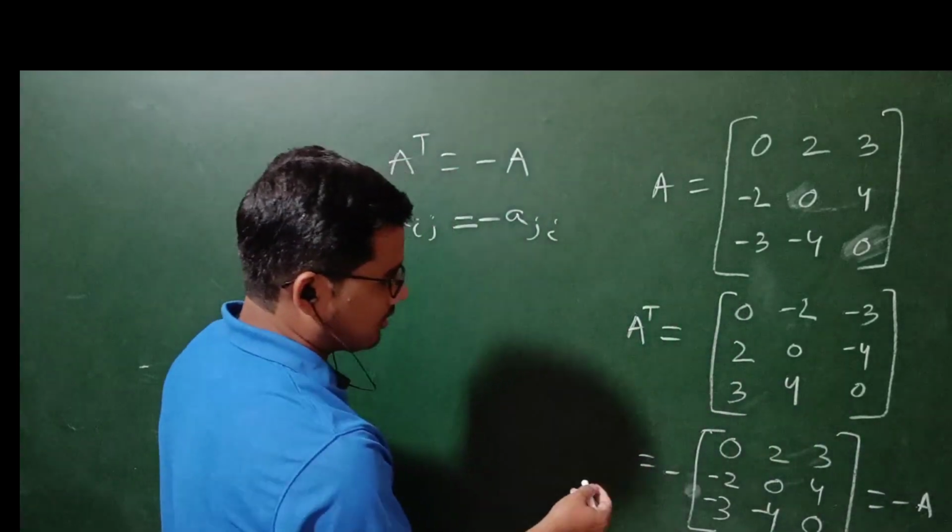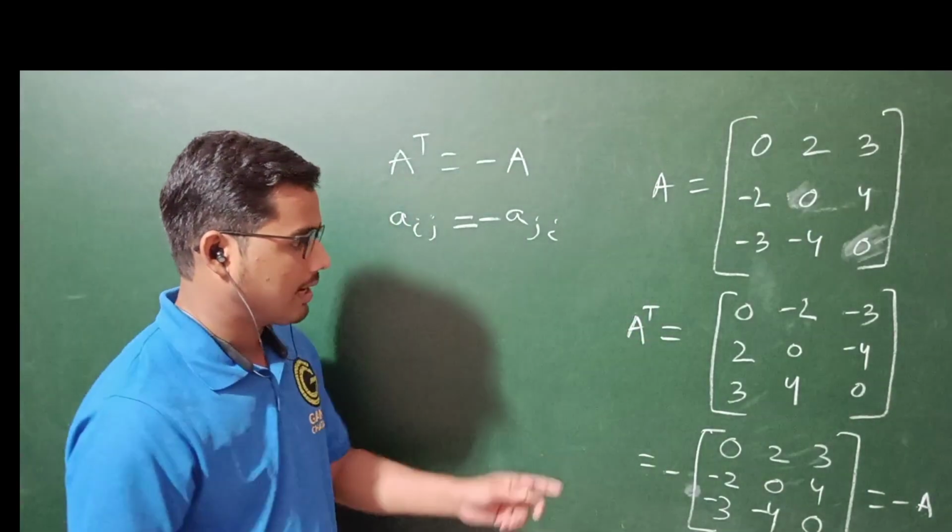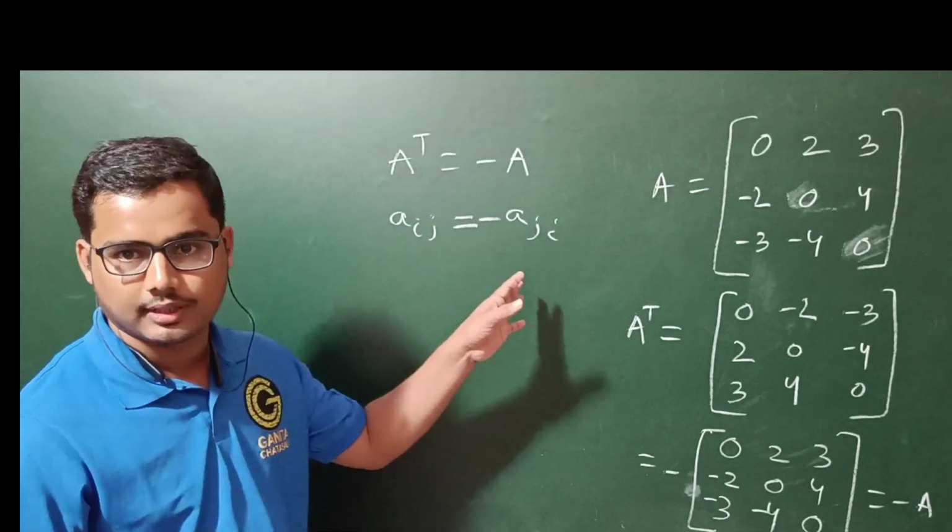So here A transpose is equal to minus A, so the matrix is skew symmetric.